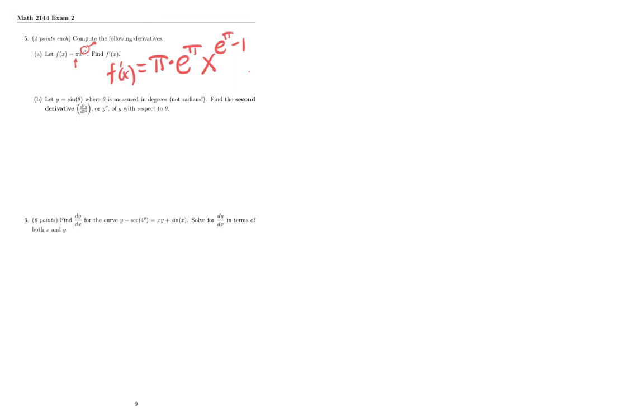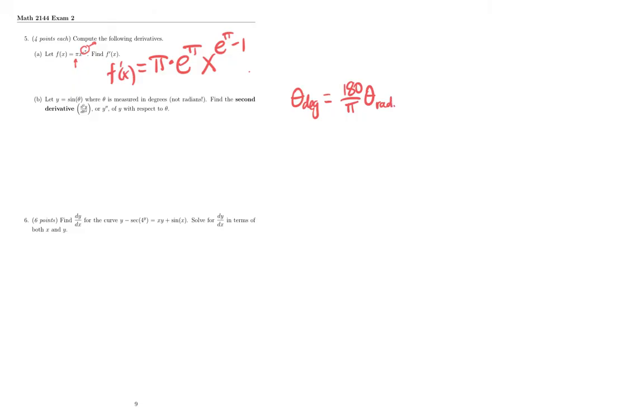Next I have y equals sine of x. Find the second derivative with respect to theta. Okay, so if theta is in degrees, that's equal to 180 over pi times theta in radians.